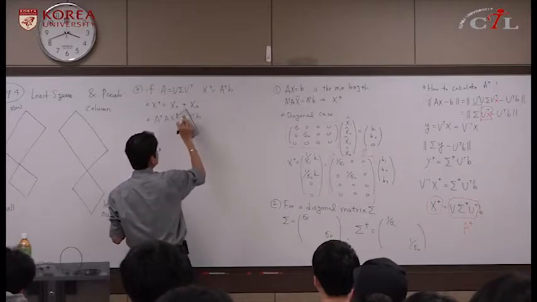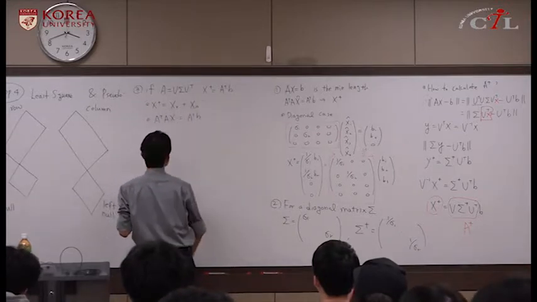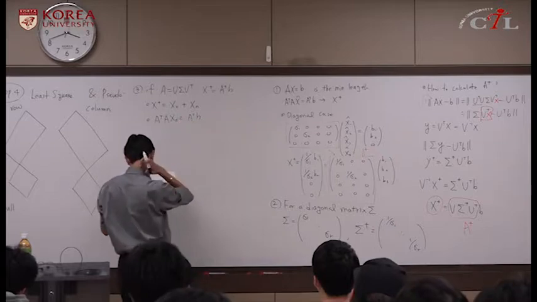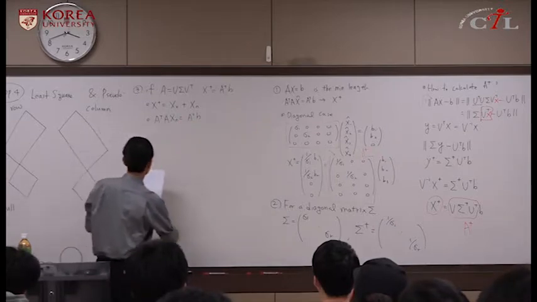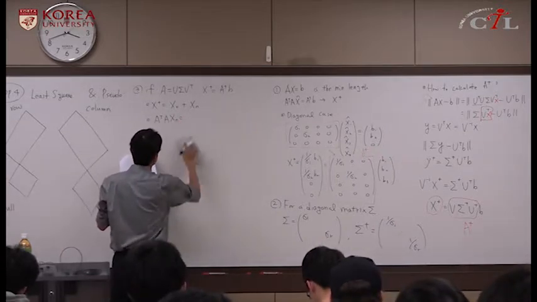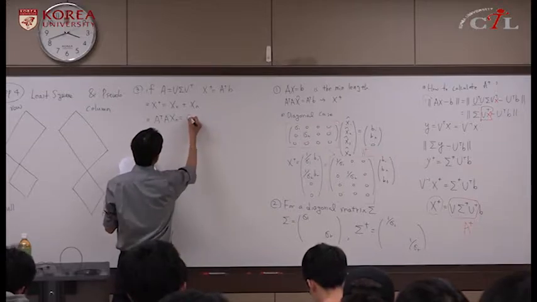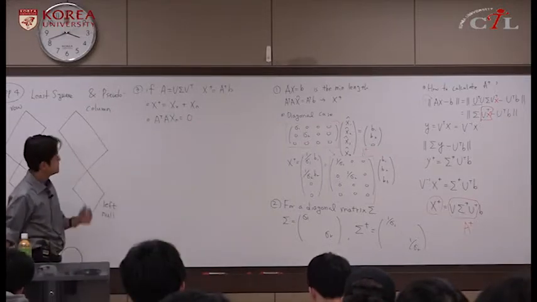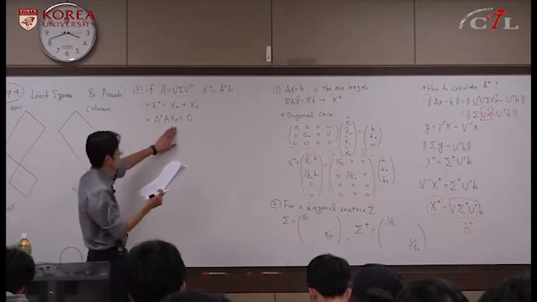Because n is a null space thing, if I write it here, it should be 0. So the null space component should be 0.